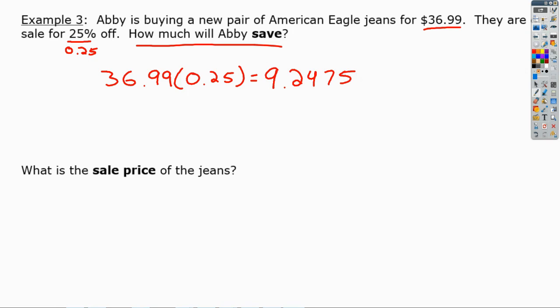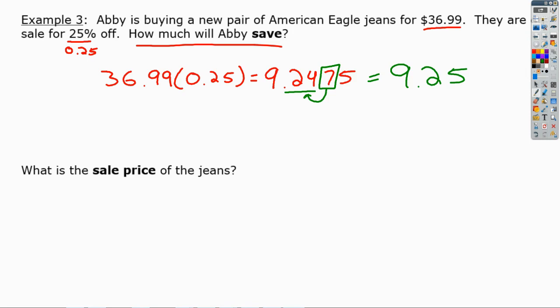Now, once again, we only want two numbers after the decimal. So we'll have to look at that 24. And then the third number tells us what to do. If it's a 5 or above, we're going to round up. So that 7 tells us to round 9.24 up to 9.25. So it's really going to end up being $9.25. That will be our discount. That is how much we're going to save.